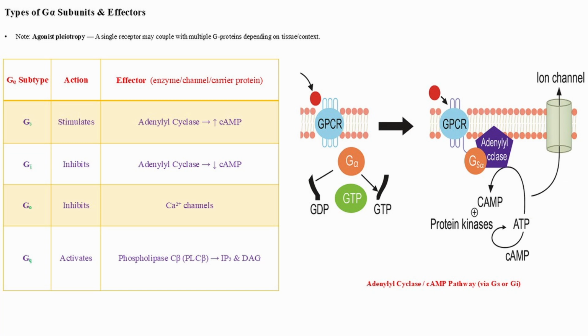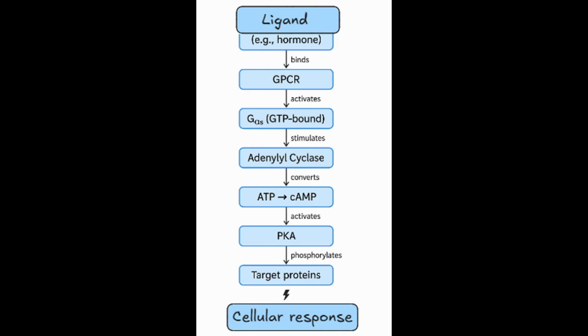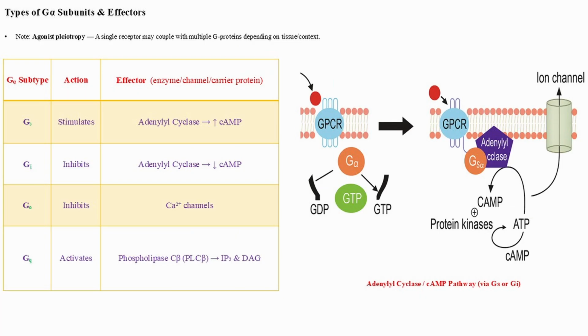Now, coming to the next type of G alpha is alpha i. This is an inhibitor. Gi inhibits adenylyl cyclase. This leads to decreased cAMP production, as a result of which there is a slowdown of cellular activities, important for signals that calm or suppress the system.